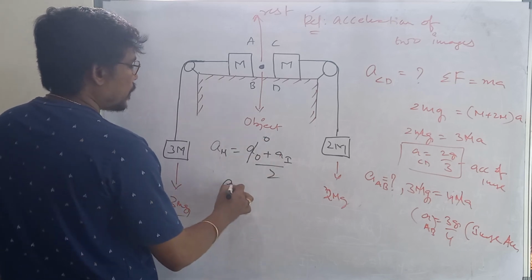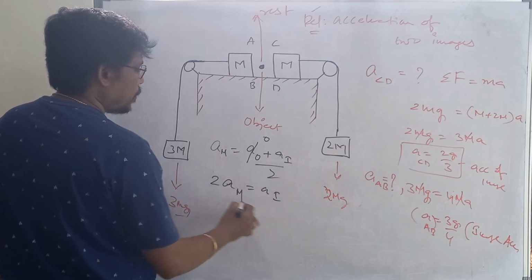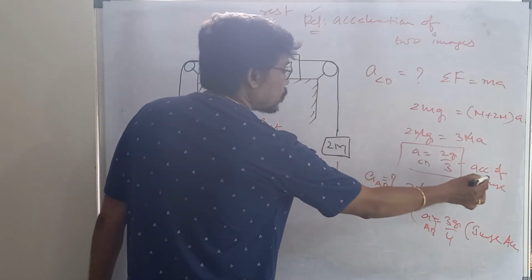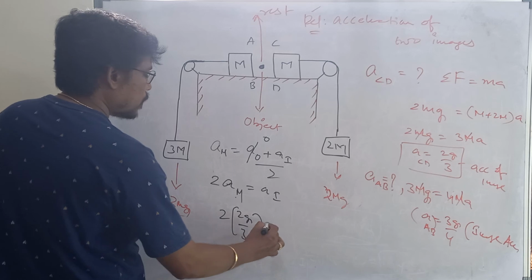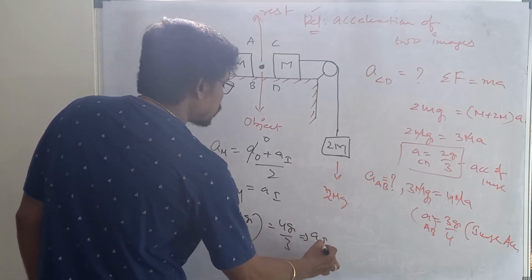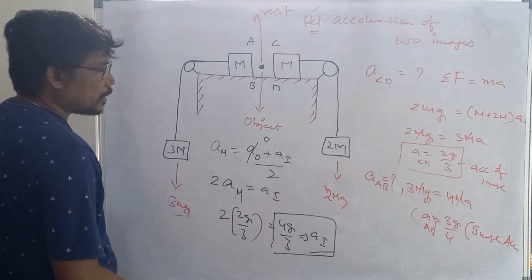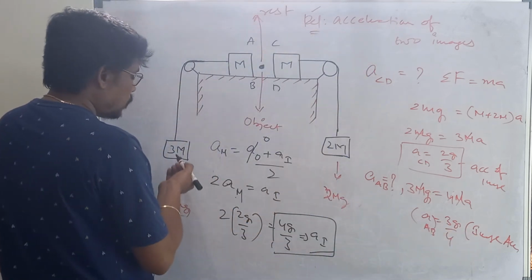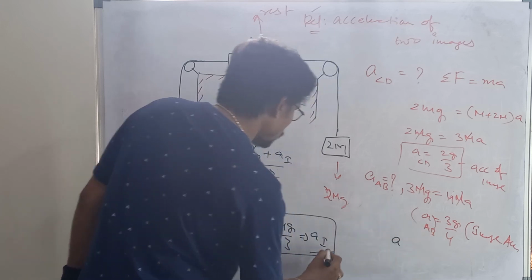So the acceleration of the image is twice the acceleration of the mirror. For the first one, the mirror acceleration is 2g by 3, so the acceleration of the image is 4g by 3.